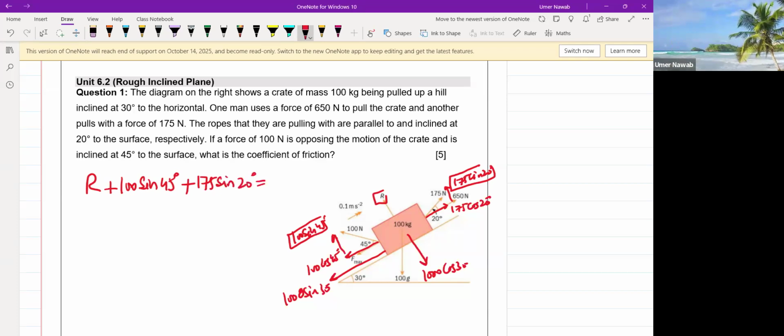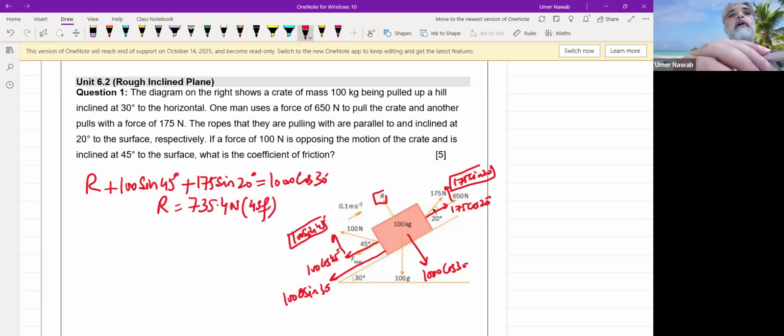That should be equal to 1000 sine of 30. So what is the value of R? Finally, we get it. The value of R comes to us, that is equal to 735.4, four significant figures, because we will use this value at a later stage. This is the reaction R.